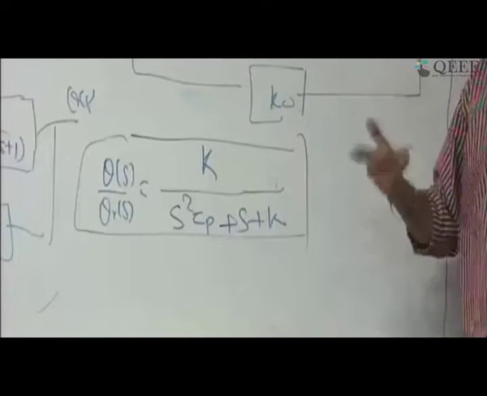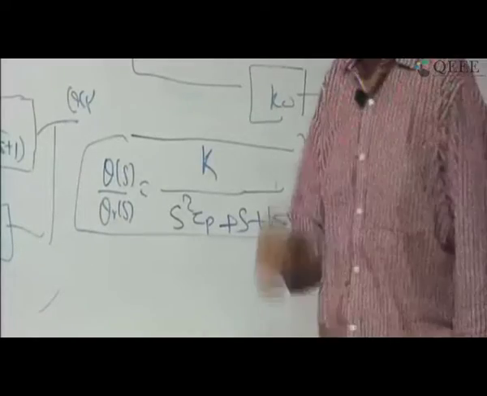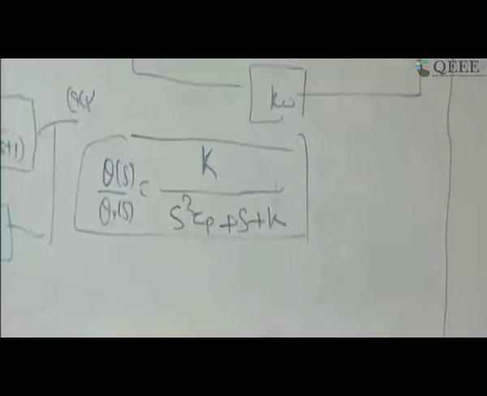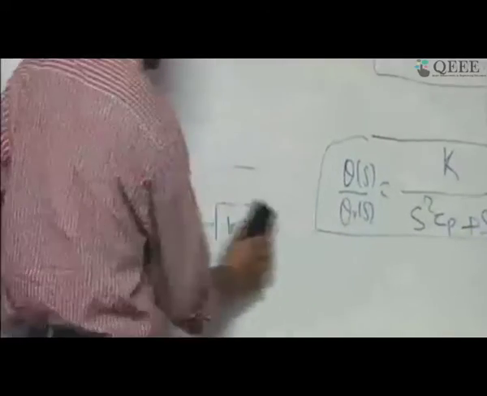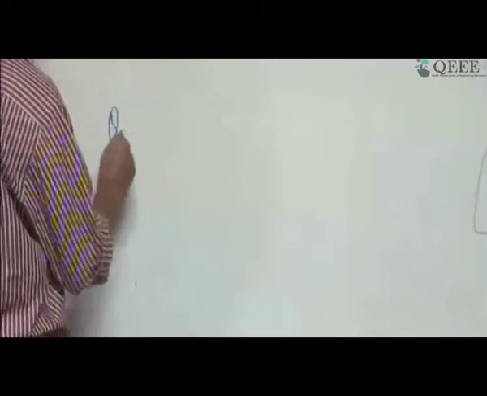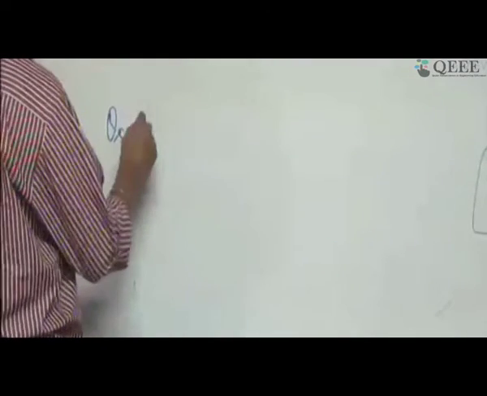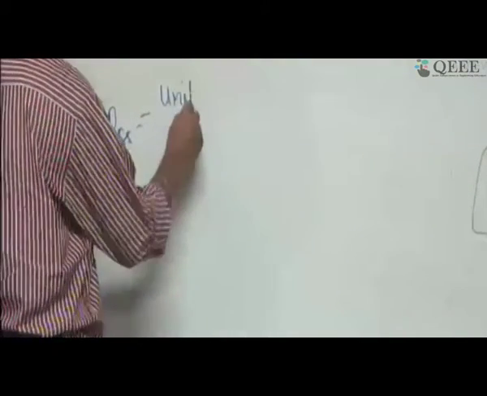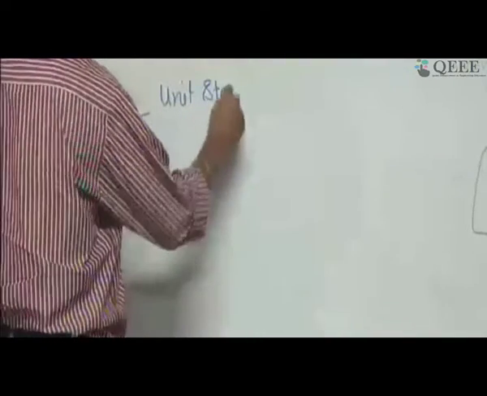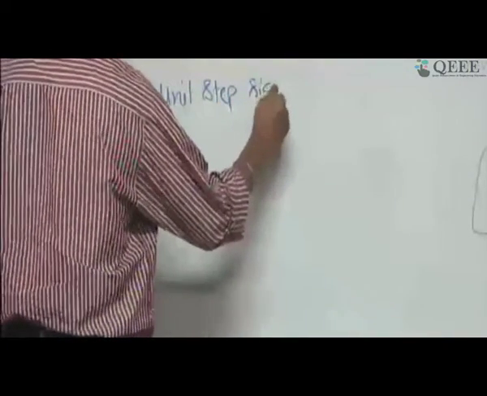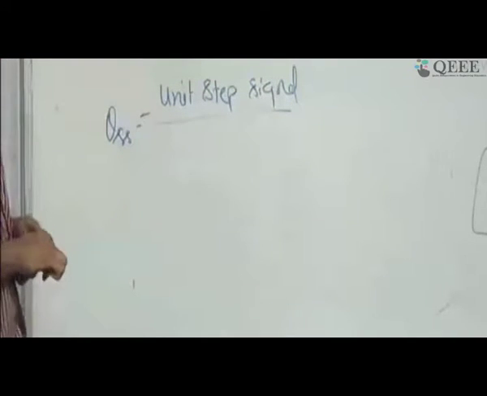Now let us see what the pros and cons are. Here I want all of you to compute one term which is very crucial. This is what is required so that all of you understand. What is the theta steady state value for a unit step signal?